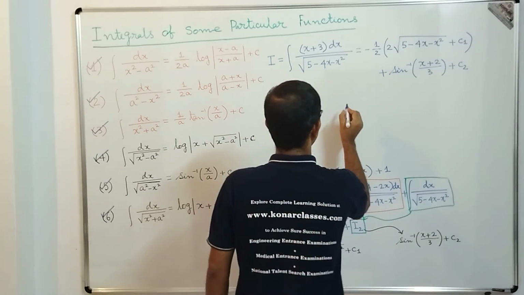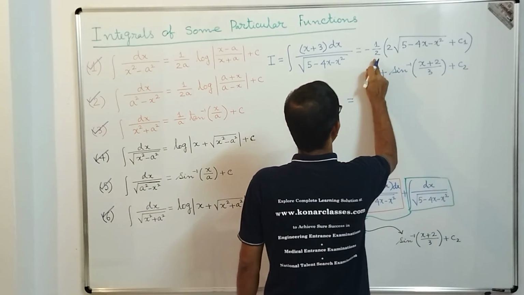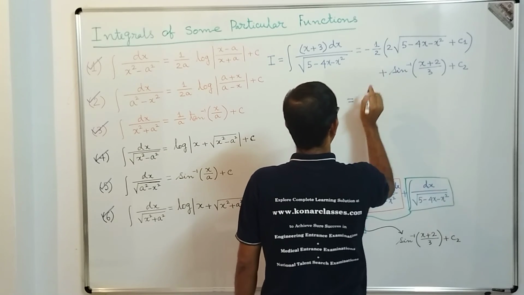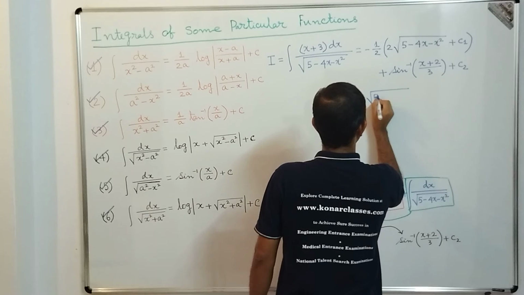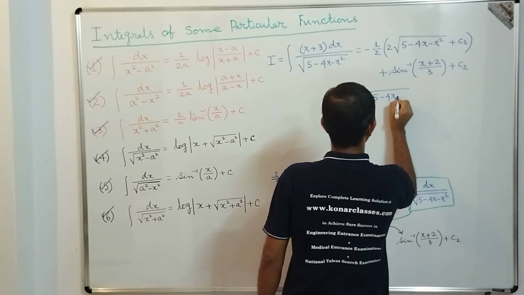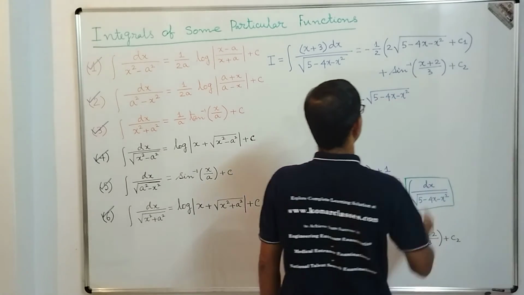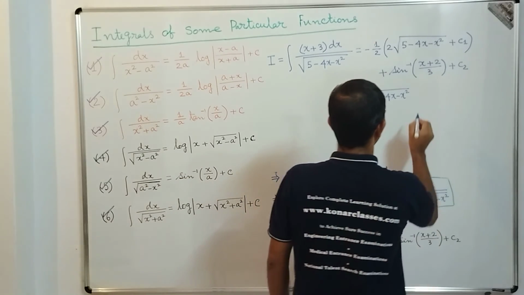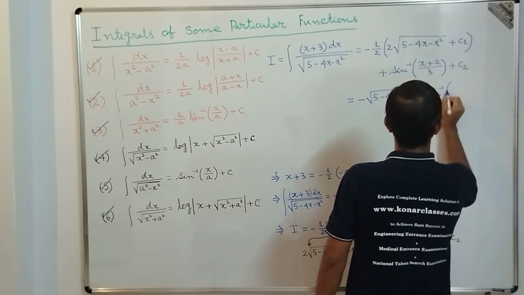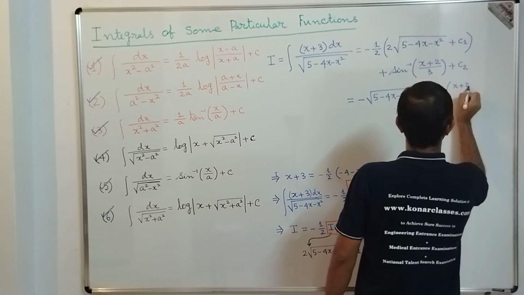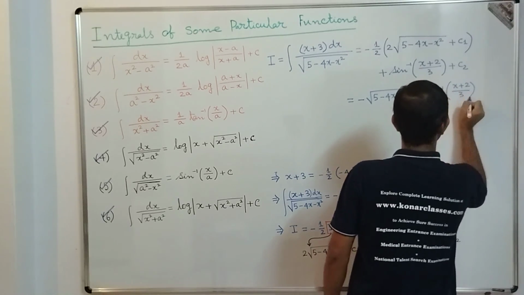So we can write in simplified form, that is equal to minus 1 by 2 and 2 become minus, so minus square root of 5 minus 4x minus x square plus sine inverse of x plus 2 divided by 3.